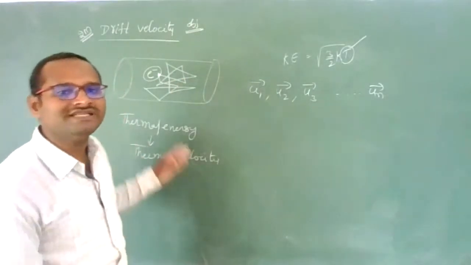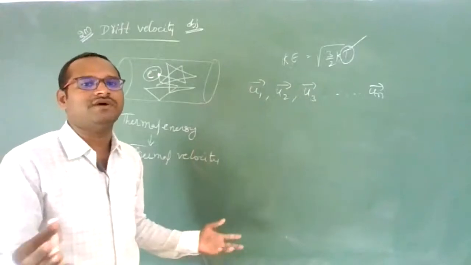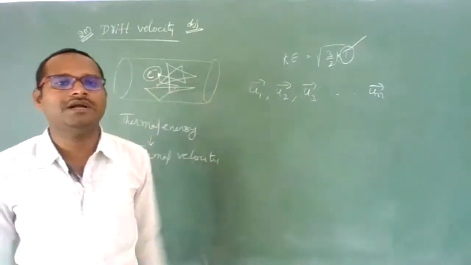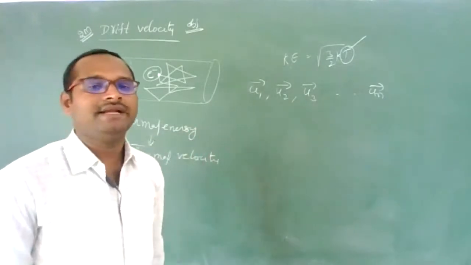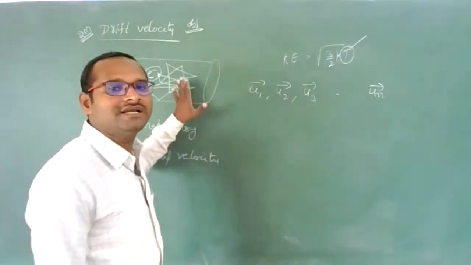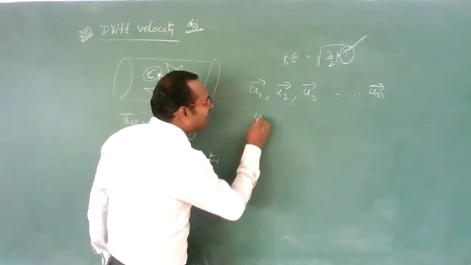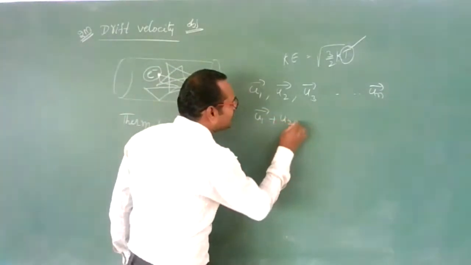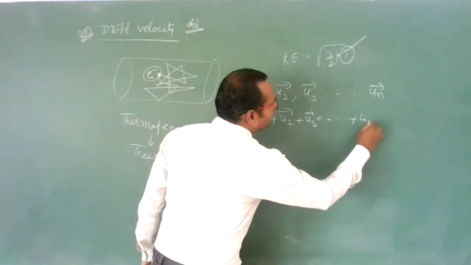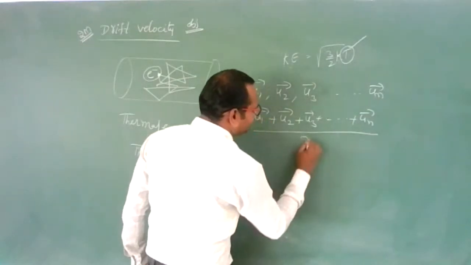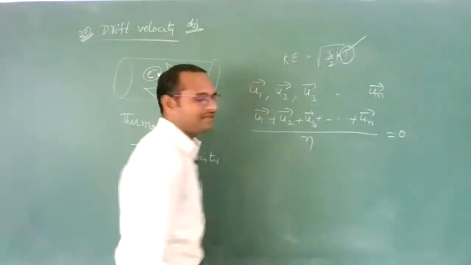All the free electrons, due to their thermal energy, will have thermal velocity. With this thermal velocity, they will move randomly in all directions, and due to that, they may collide with each other and with the positive ions of this conductor. So you take the mean average thermal velocity of these electrons; if you find it, you will always get zero.